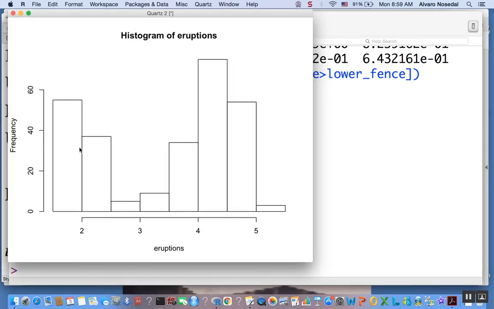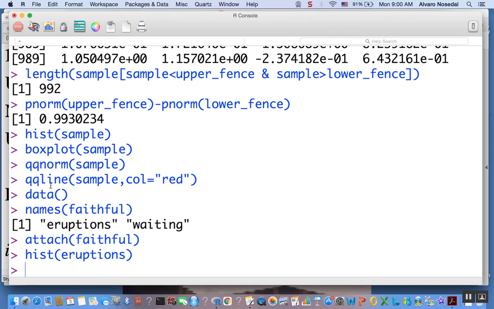Clearly, that doesn't look like the histogram for a normal, right? Doesn't seem to be symmetric. It has more than one peak. So if we were to assume initially that eruptions had a normal distribution, now after seeing the histogram we go, that assumption wouldn't be reasonable, right? We could make a box plot.